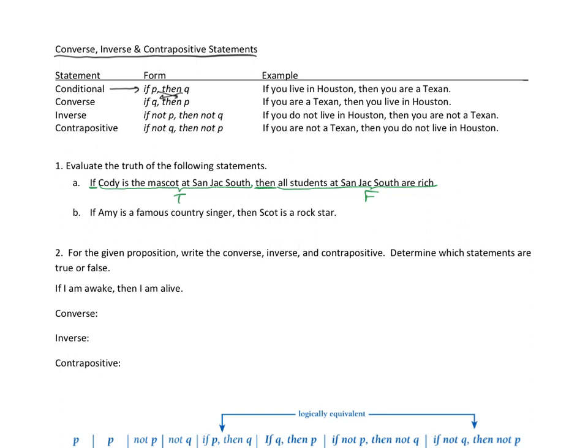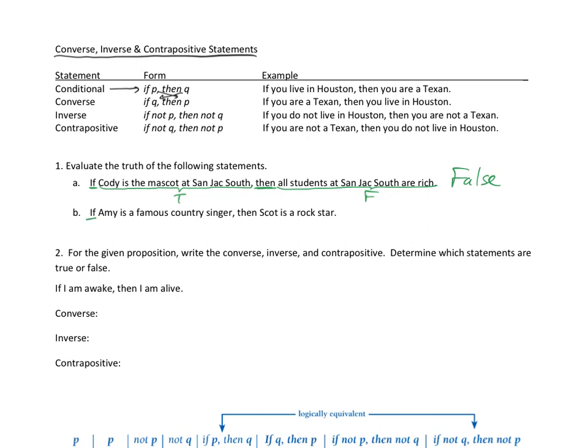So you can either rewind the video, or if you remember, the only time a conditional statement is false is if the hypothesis is true and the conclusion is false. So this entire statement here is false. And with this other statement here, we have if Amy is a famous country singer.